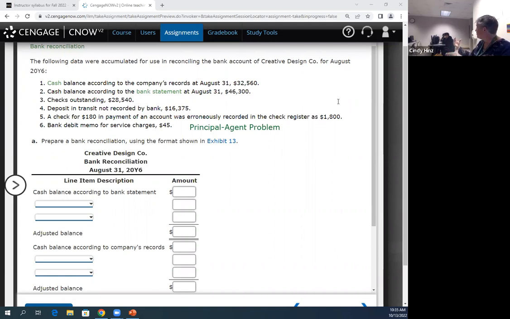The agent is someone who's acting on behalf of the owners, or in case of a sports agent, acting on behalf of the athlete. And so the principal agent problem means that the owners and the managers, the people running the company, are not the same people. And it creates a bit of maybe a conflict of interest in the running of that company.